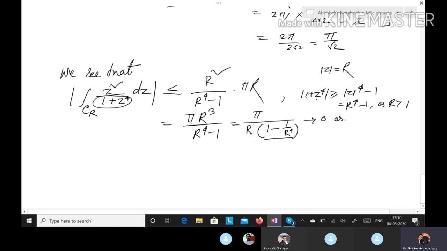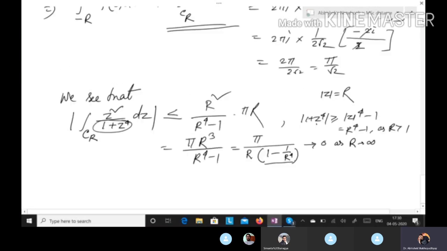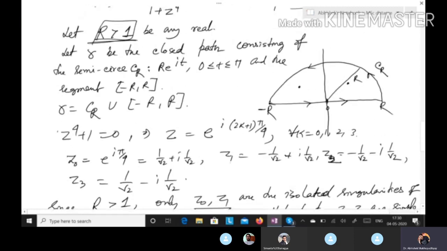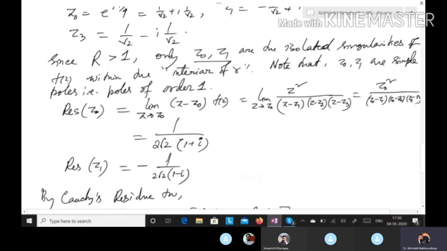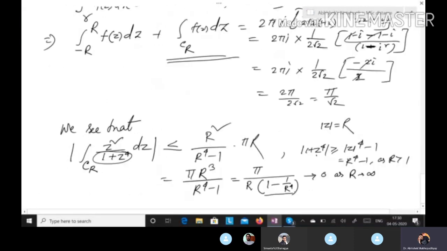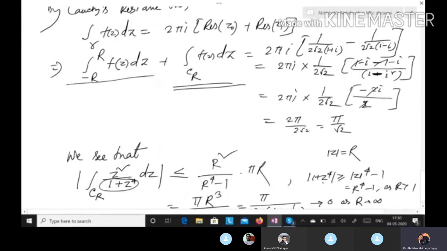So this tends to 0 as r tends to infinity. Since we have considered this r which is greater than 1, we can extend this to infinity, and by this extension this integral will be minus infinity to infinity.